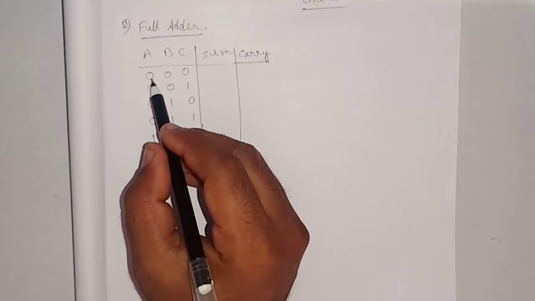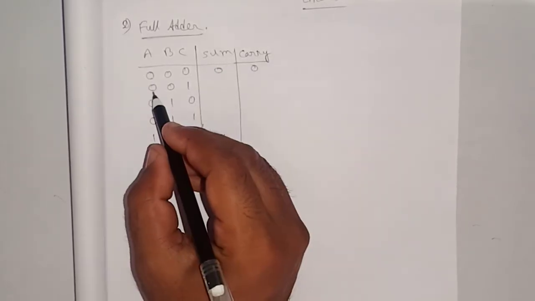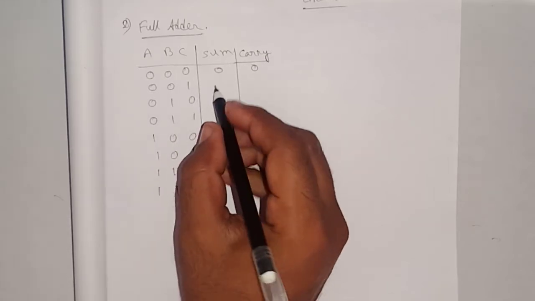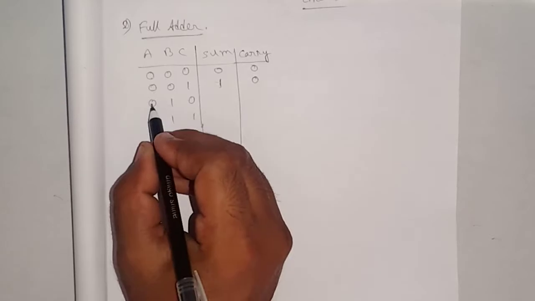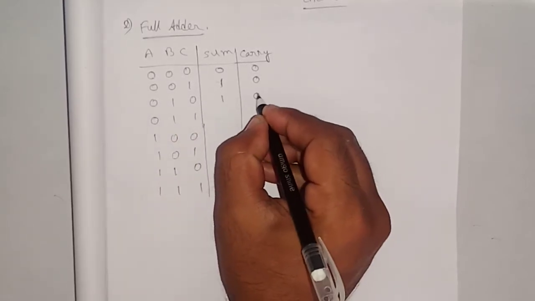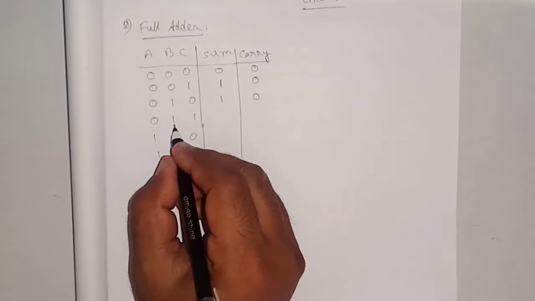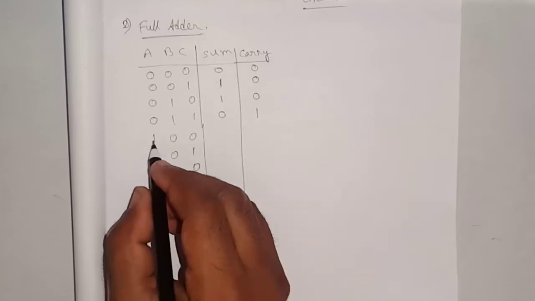Here, 0 plus 0 plus 0 gives sum 0 carry 0. 0 plus 0 plus 1 is also 1 carry 0. 0 plus 1 plus 0 is 1 carry 0. 0 plus 1 plus 1 is sum 0 carry 1.